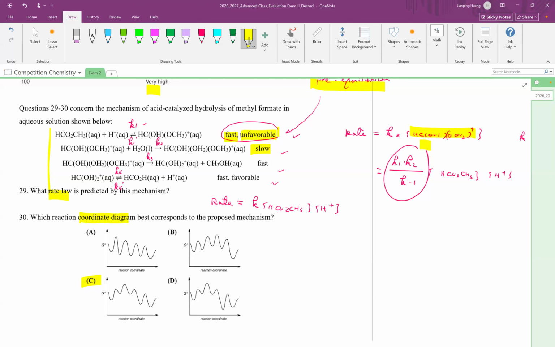However, the product here is not the final product, it's an intermediate, with a higher enthalpy. Unlike this one, which is fast with lower activation enthalpy, but favorable, which means the product has a lower enthalpy. Based on this, that's the only one that fits this pattern, okay?